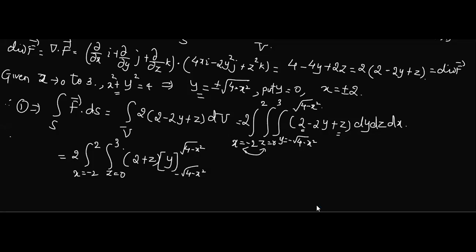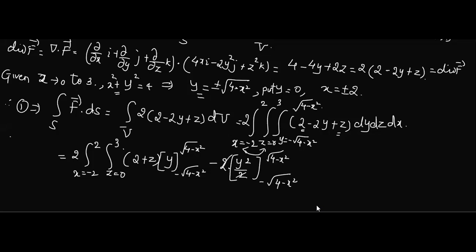Remaining thing is minus 2y. Still this has to be integrated, no? So I'll write minus 2. What is the integration of y? Y is y square by 2, no? Am I right? See, these two are constant, but y is a variable. What are the limits again? Minus root of 4 minus x square to root of 4 minus x square.